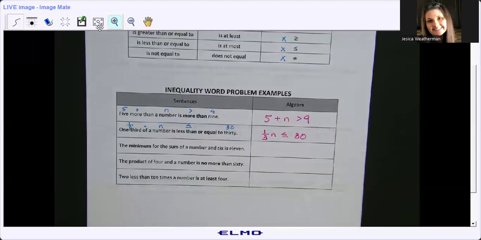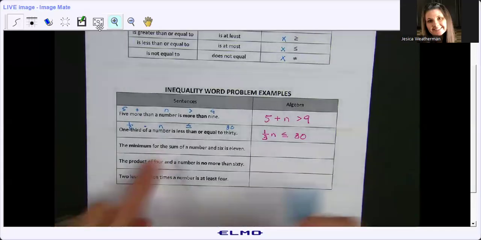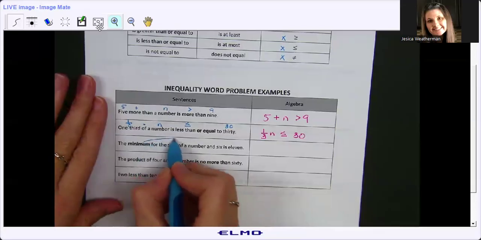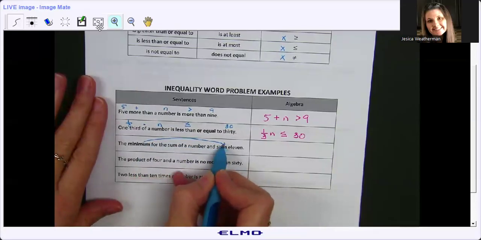Okay, this one's a little bit interesting. The minimum for the sum of a number and 6 is 11. Okay, the minimum means that it's the smallest number it can be, but it can be more than that. All right, so I would probably put minimum right here.